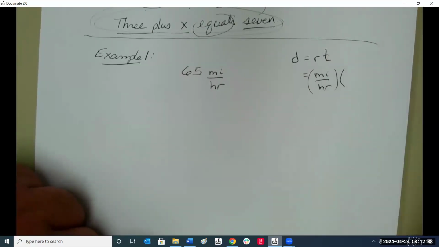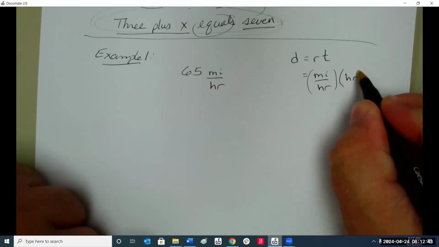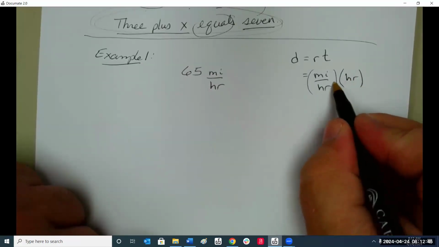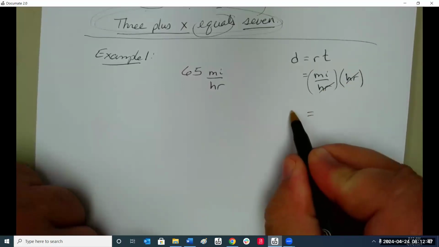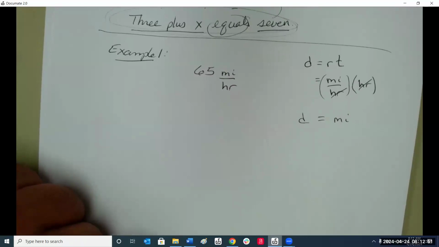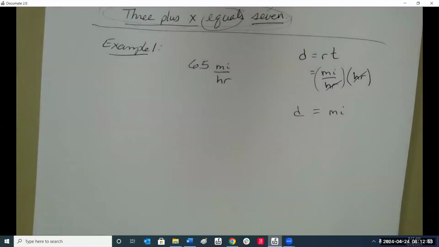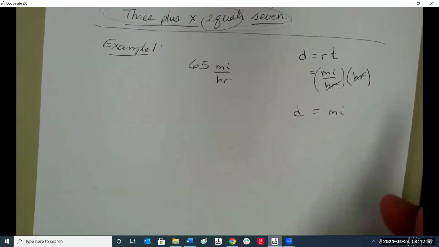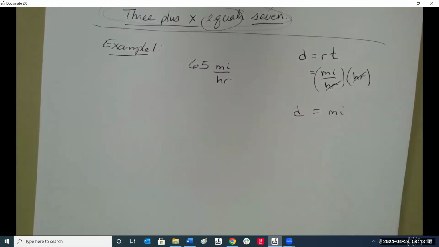And the time was in what units? Hours. So the hours cancel. What are we left with? Which is the distance unit. So whenever you deal with word problems, you have to be sure to worry about the units also. Because if the units don't match with what the question is asking for, it's not right.